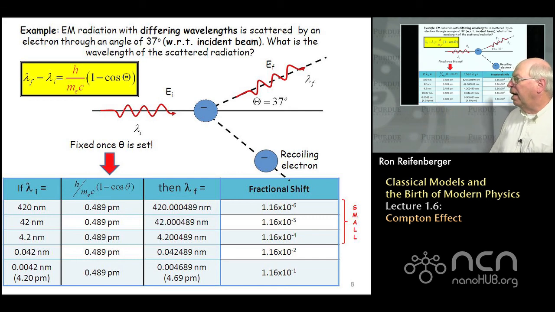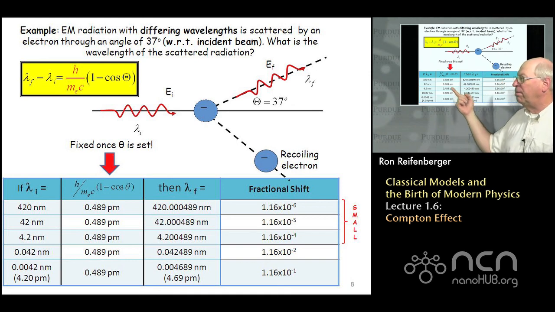And in this example, I consider what happens if the photon is scattered through a scattering angle of 37 degrees. Once I set 37 degrees, I can evaluate the right-hand side of Compton's formula, right? It's the Compton wavelength, 2.4 picometers, times 1 minus the cosine of this scattering angle, 37 degrees. Turns out that's equal to 0.489 picometers.